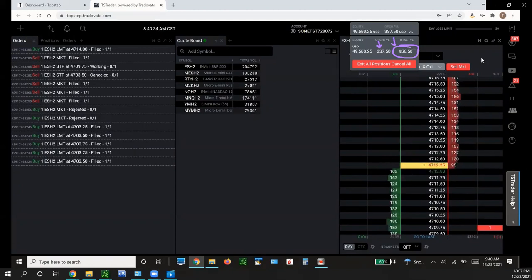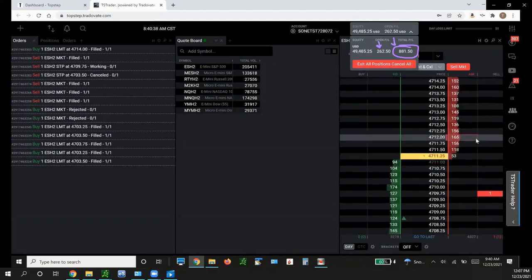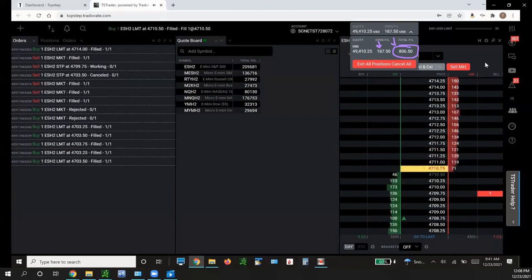We fall below $1,000 profit on the day. That's in other accounts. However, the stop is about to get filled in this account. There it goes.